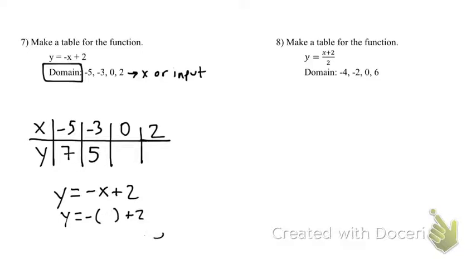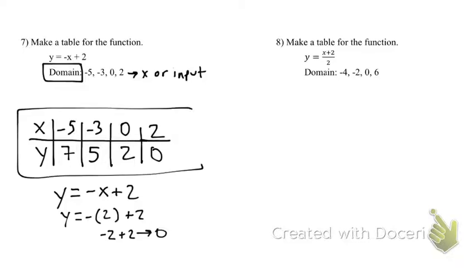Now I'm going to plug in 0. Negative 0 or 0 plus 2 is 2. That goes there. And then we have one more to plug in, which is 2. When we plug in 2, negative 2 plus 2 gives me 0. And I am done completing the table.